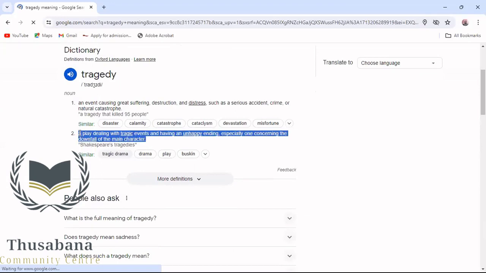Okay, so the one that's relevant to us would be this one, right? A play dealing with tragic events and having an unhappy ending, especially one concerning the downfall of the main character.